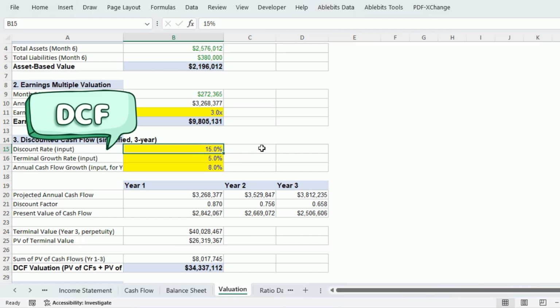Number 3, discounted cash flow, or DCF, asks, how much cash will this business generate going forward, and what is that future cash worth today? Let's go through each one and apply it to our existing model.